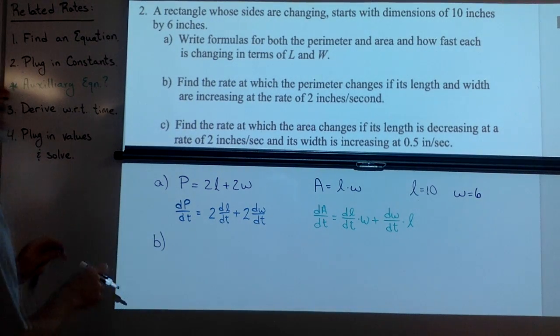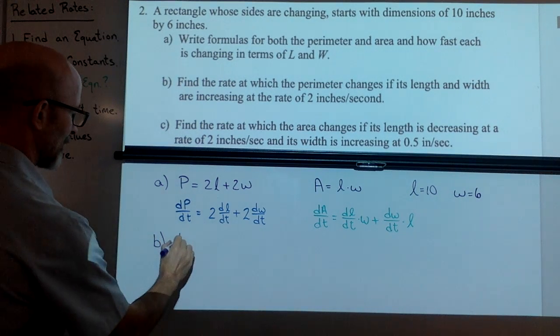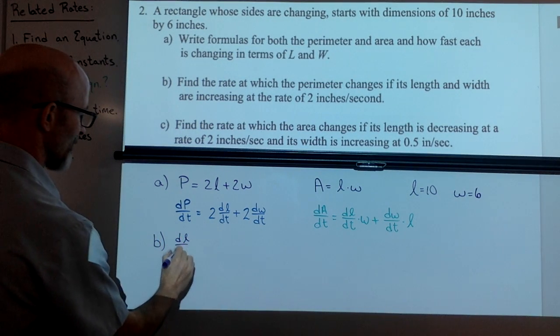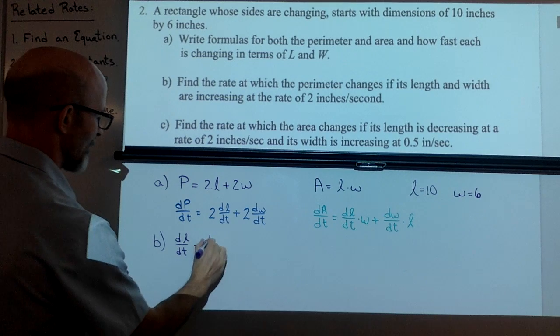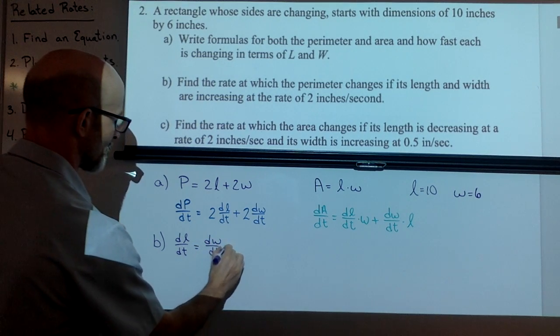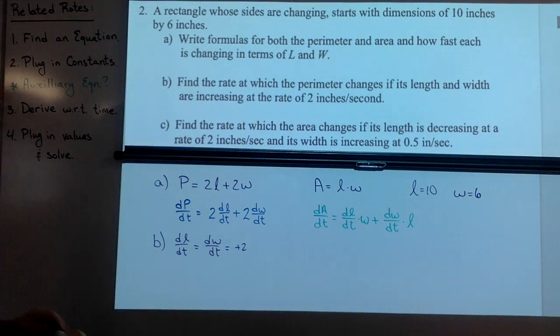It seems to me that they're telling us some information here. The length is changing by 2, and the width is changing by 2 inches per second. Okay? I bet with that kind of information, we can find how the perimeter is changing. Let's just plug in the numbers.